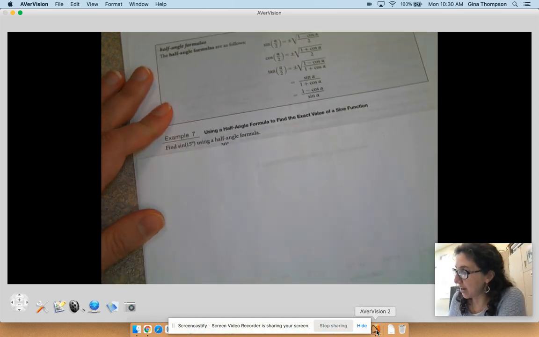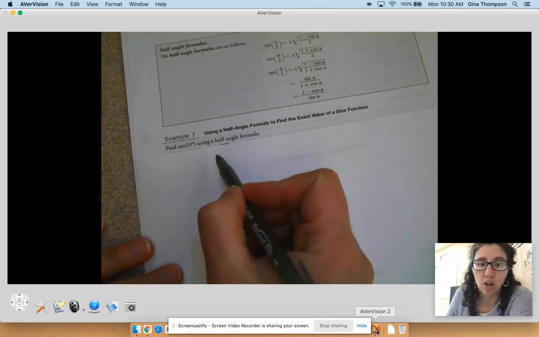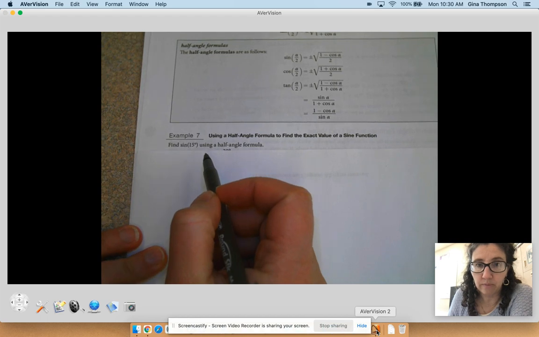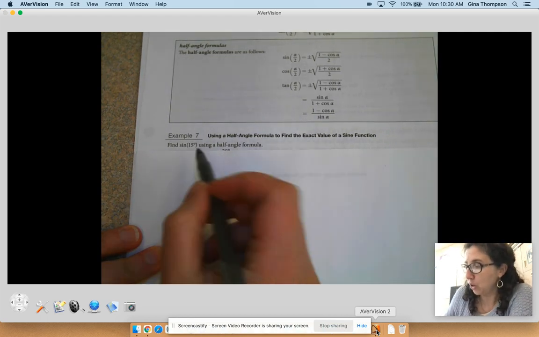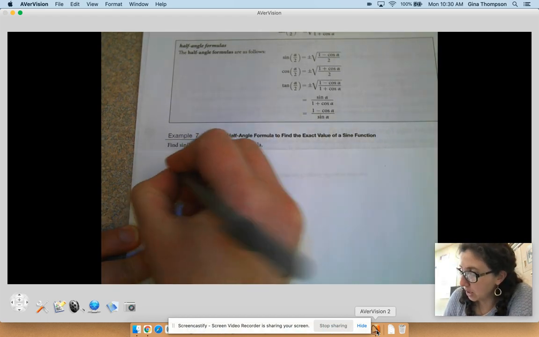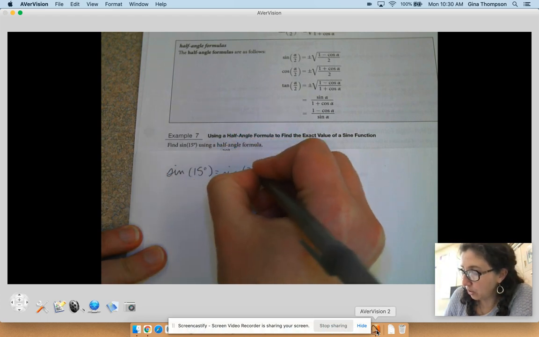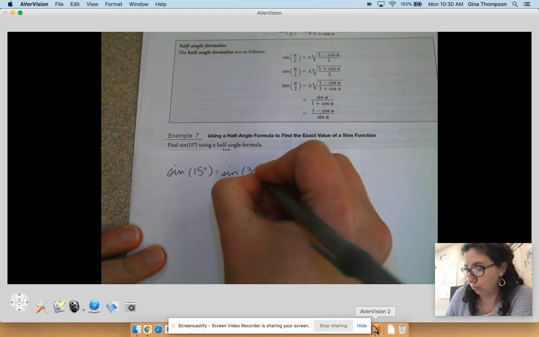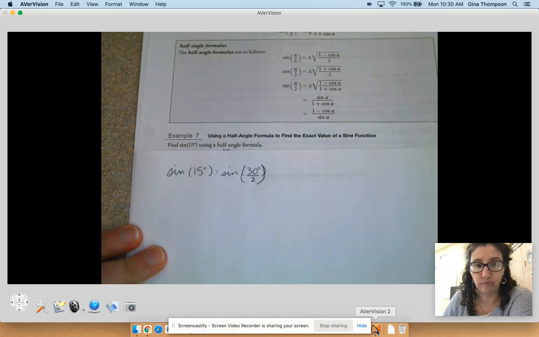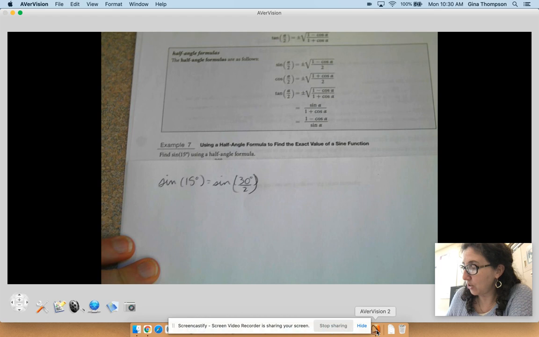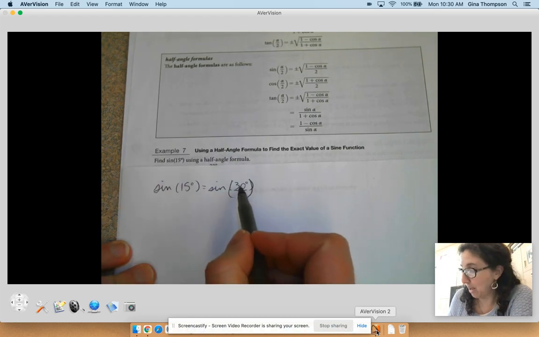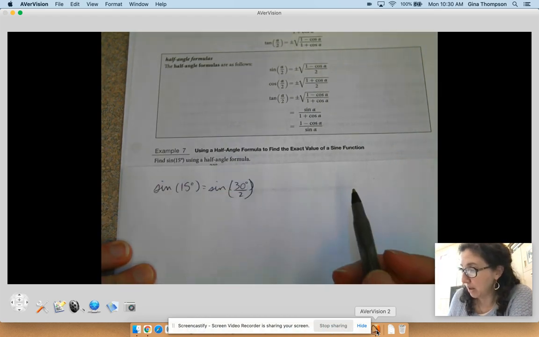First of all, find sine of 15 degrees using a half-angle formula. We could write this as sine of 30 degrees divided by 2. In this case, our alpha would be 30. This would be alpha over 2, where alpha is 30.